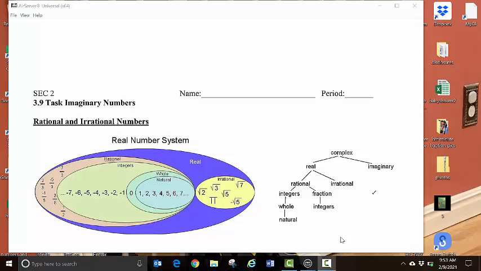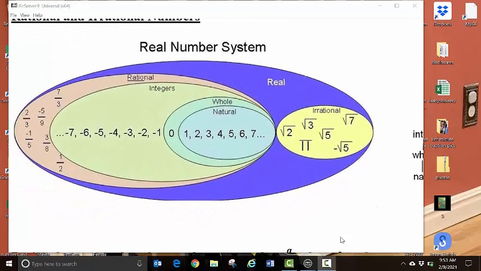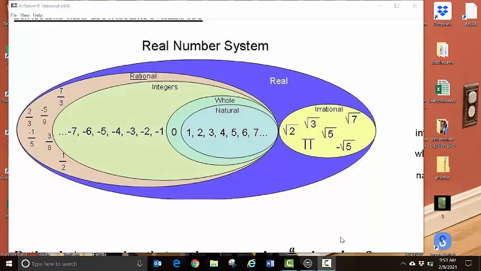Here we go. So guys, today we're going to talk about imaginary numbers. We talked in the beginning of the year that there were different types of numbers, and we did a PowerPoint. There are different types of numbers based on where they fall on the number line.